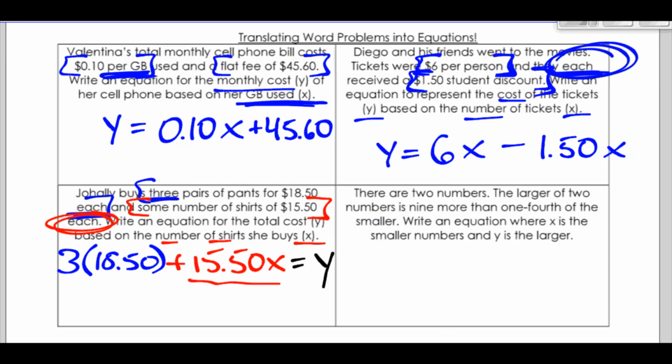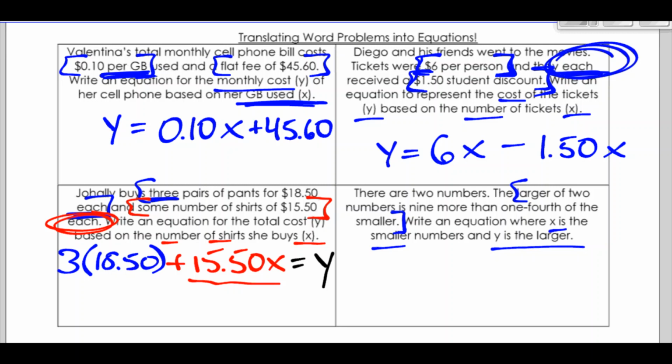All right, the last one, there's 2 numbers. The larger of the 2 numbers is 9 more than 1/4 of the smaller. Write an equation where x is the smaller one and y is the larger. Okay, so I'm just going to break this down.